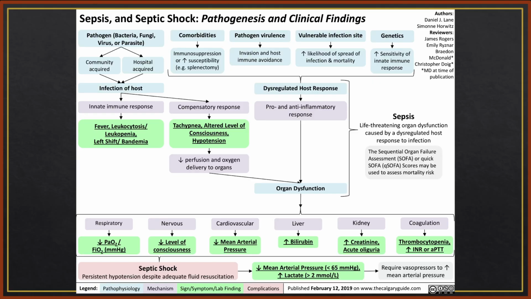Some other normal responses are your fever, due to the cytokines acting on the hypothalamus, trying to bring up the temperature to kill the infection. It's also going to increase your white cell count, and in progressed infections, it's going to cause the destruction of white cells and decrease production.